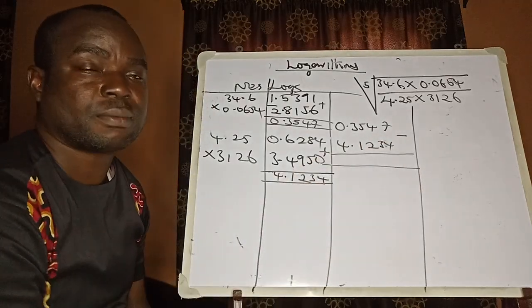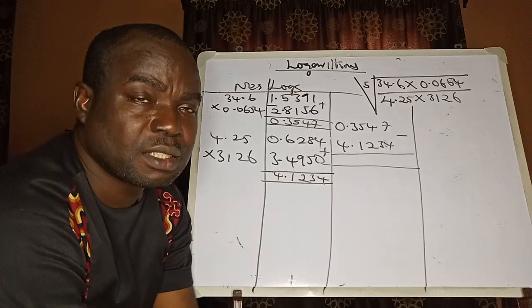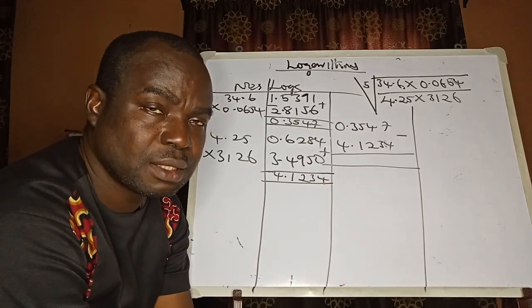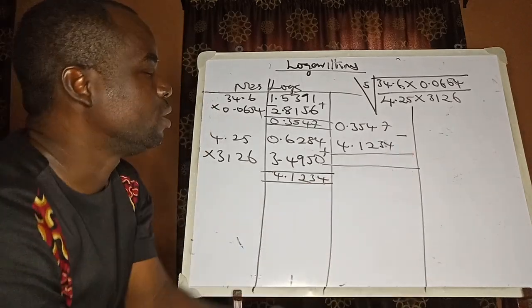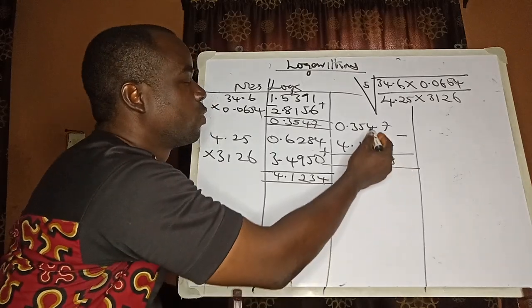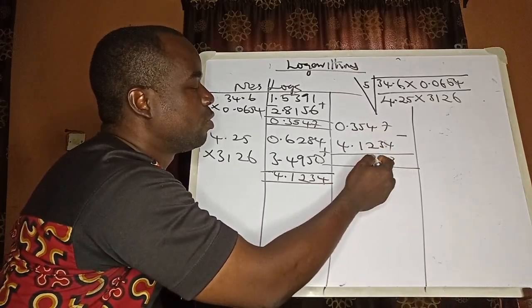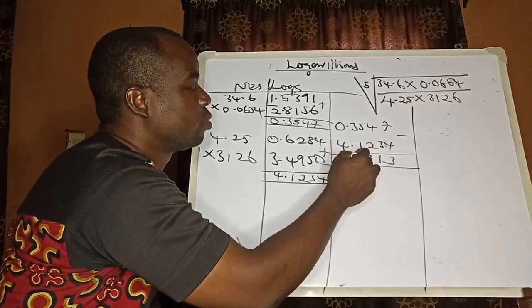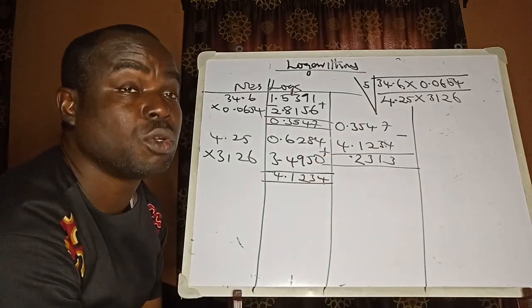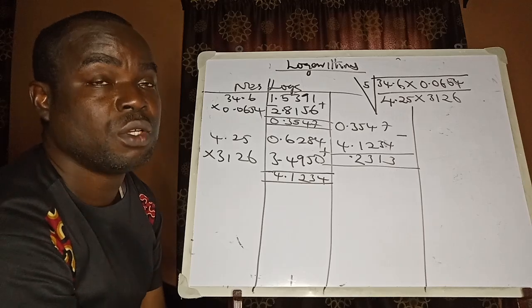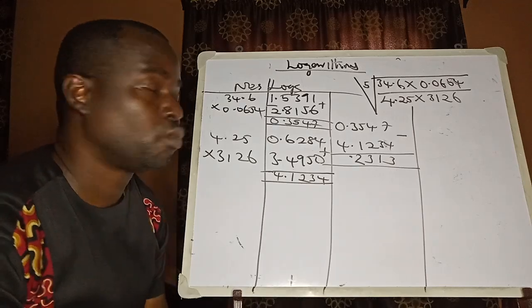So let's subtract. Why are we subtracting? Because of division, right? So 7 minus 4 is 3. 4 minus 3 is 1. 5 minus 2 is 3. 3 minus 1 is 2. 0 minus 4, use calculator to do it. What is 0 minus 4? Press it there, it will give minus 4, which is bar 4.